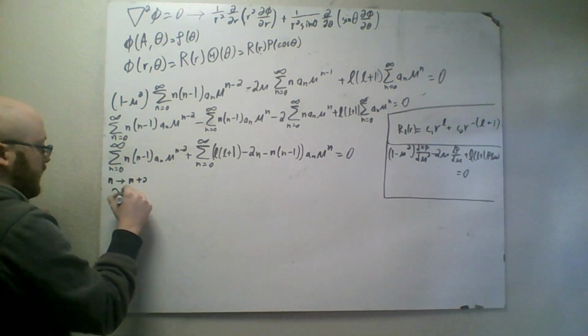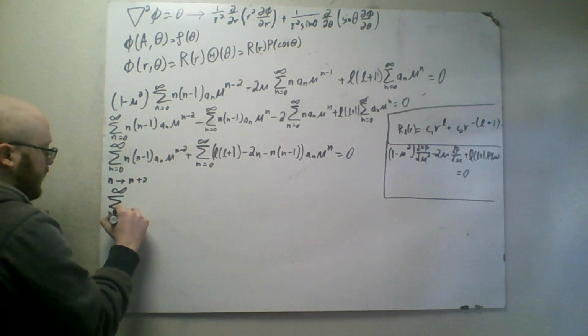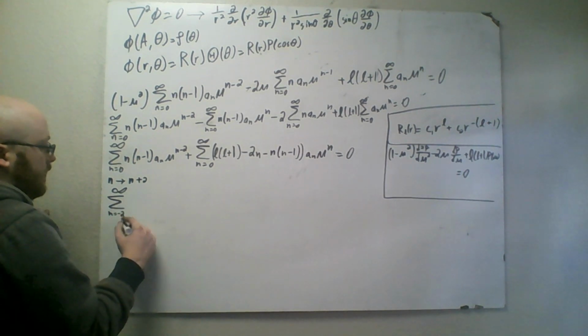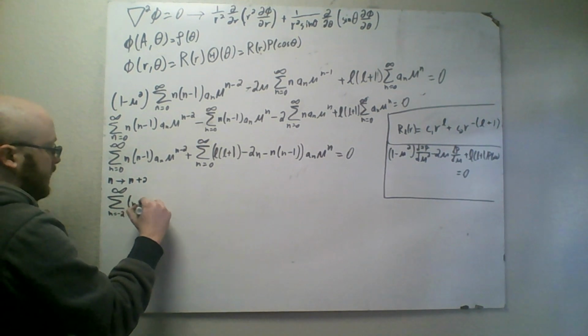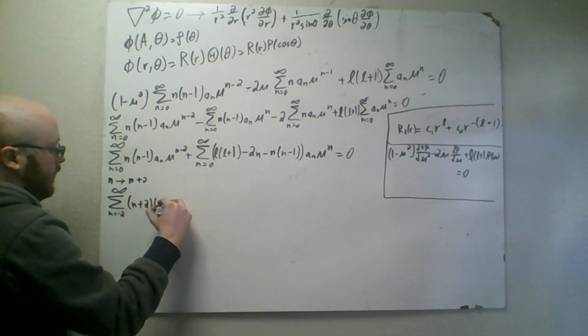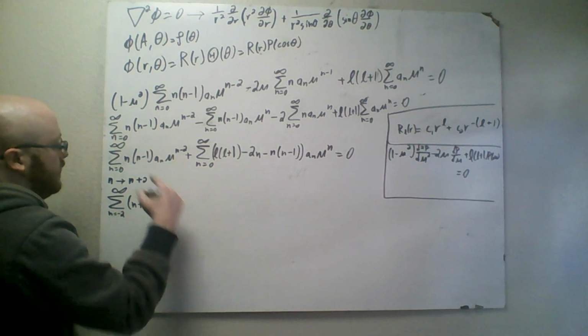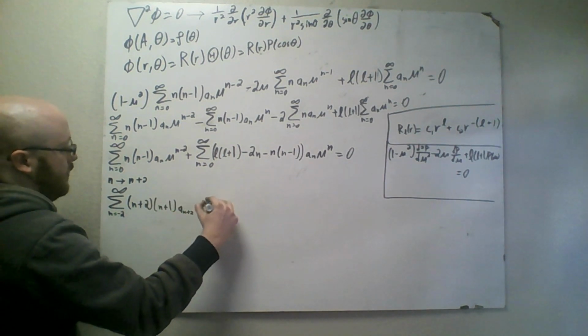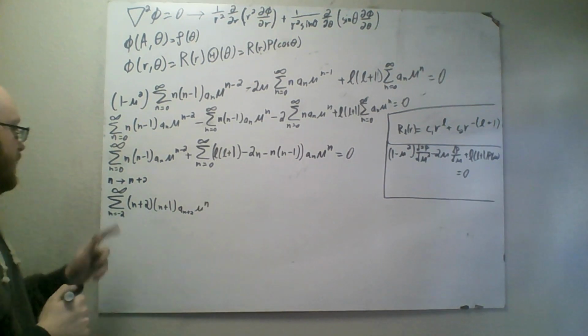So this guy, now it goes from n equals negative 2, right? Because I need to account for those two terms. This becomes n plus 2. This becomes n plus 1, because it's minus 1. n plus 2. This becomes mu to the n. Now, why do we make this negative?